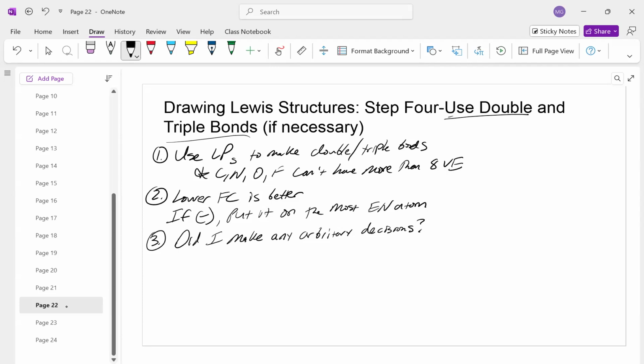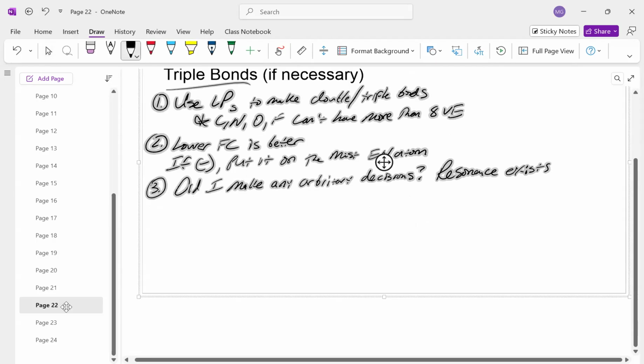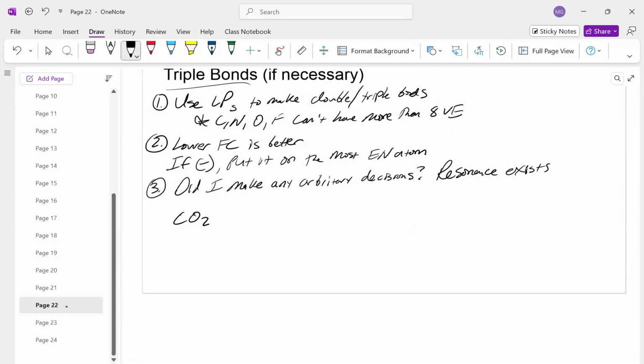What I mean by that is you had the choice to put a double bond between a carbon and one oxygen, or you could have put it between a carbon and another oxygen and gotten the same thing. That means you have resonance structures. Resonance exists. And we'll deal with that in some of our examples. All right, so let's put all of this together.